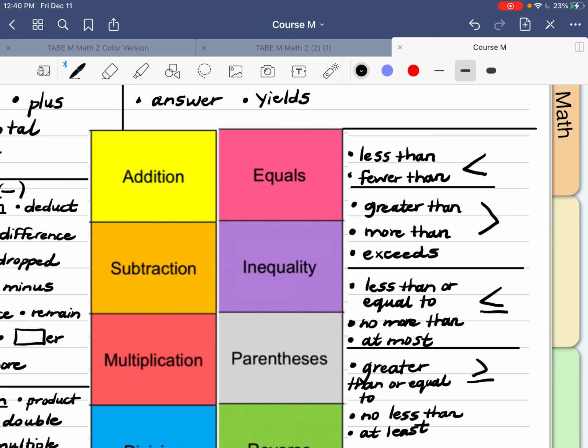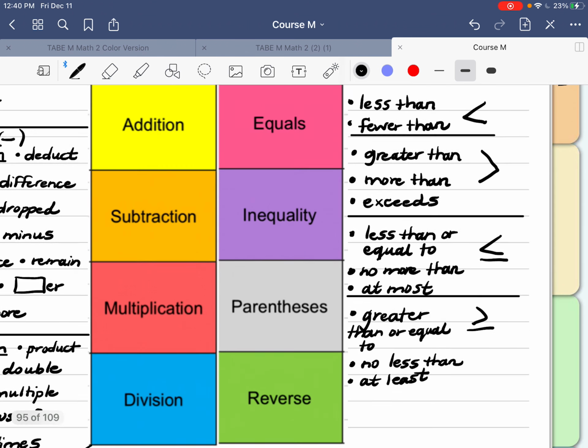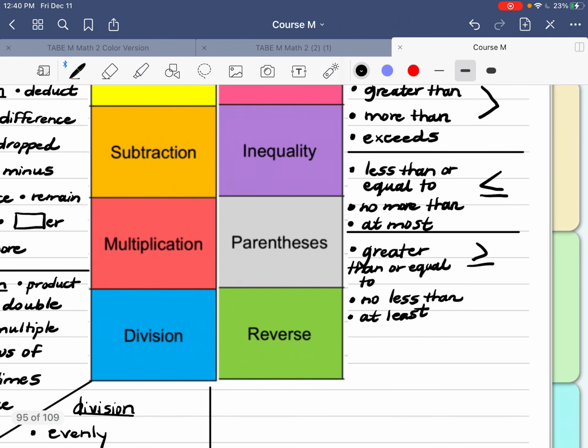Let's add that word. And then there's one other symbol here that I want you to know, and you probably already know it. I probably don't even have to tell you this one, but it means not equal. That is also a symbol of inequality.